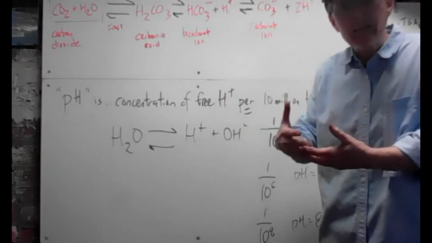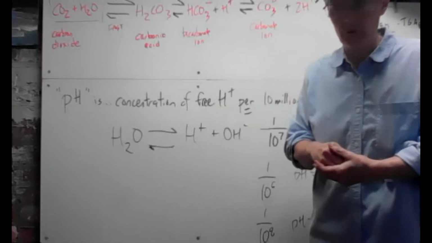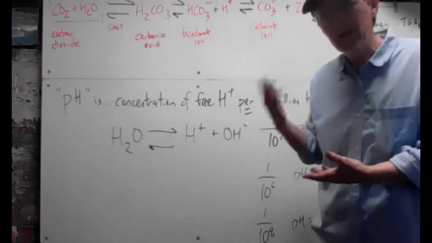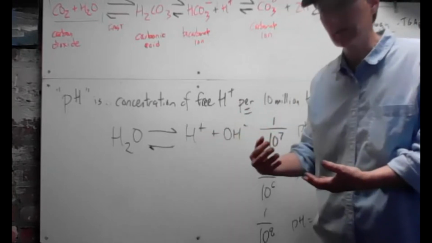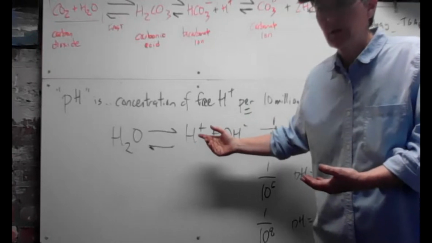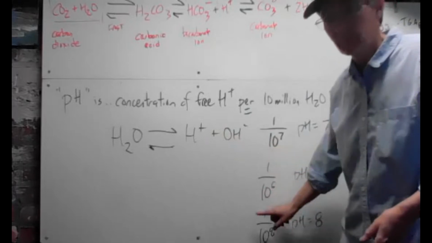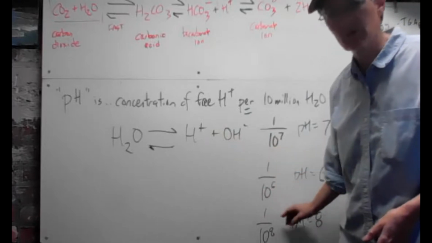A base is a thing that takes protons out of solution. If you add a base, it's going to remove protons, decrease the concentration of protons, so it's going to increase the denominator, and it's going to raise the pH.